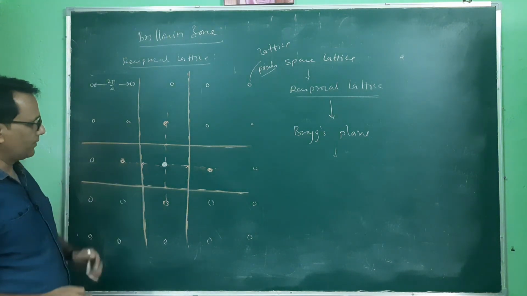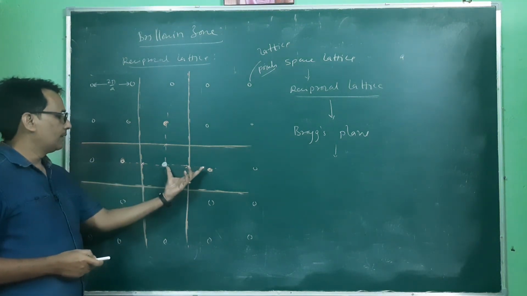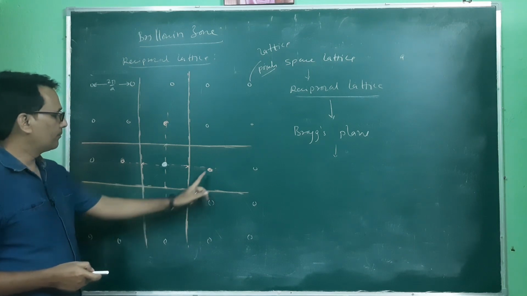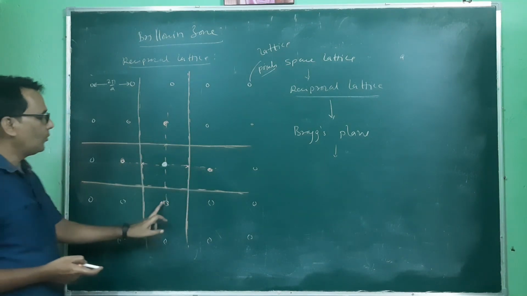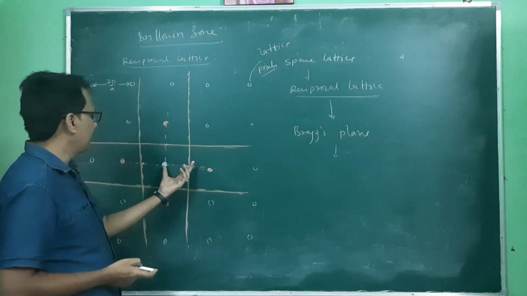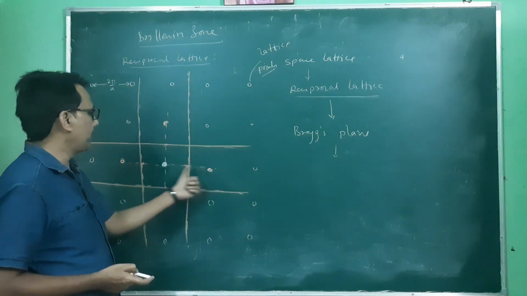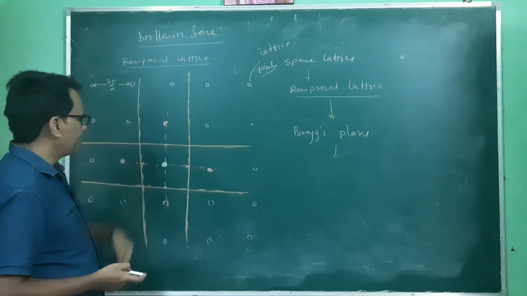So we choose one central atom, and then we identify the 4 nearest atoms here, and we take the bisector of the line joining these two neighboring atoms.